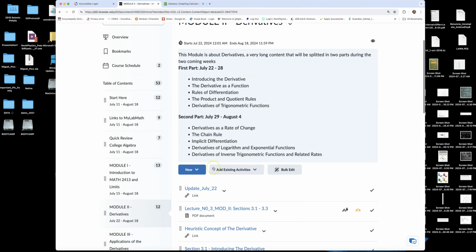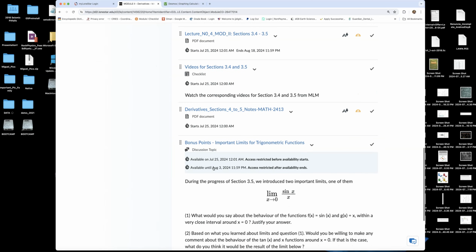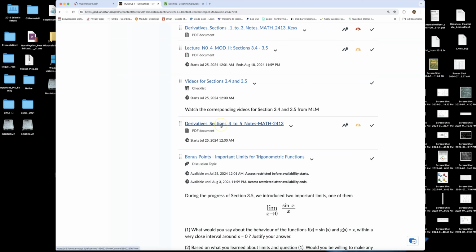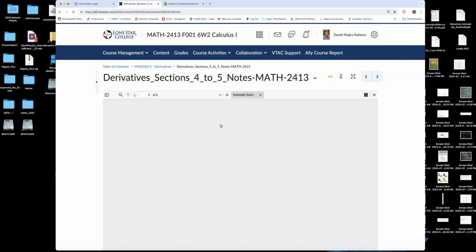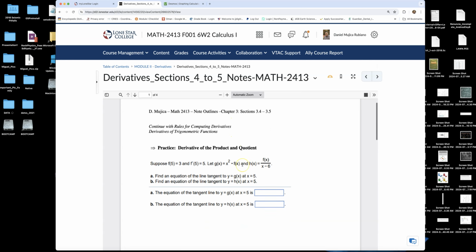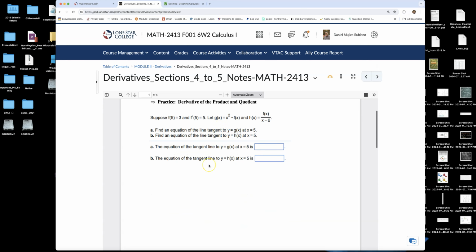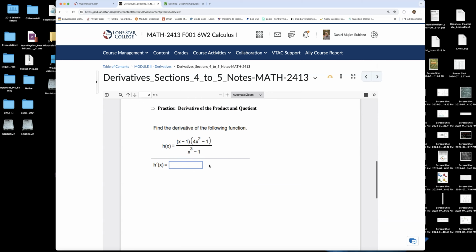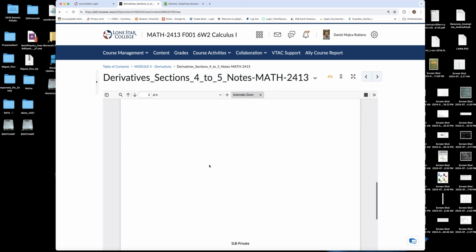Also, you have the notes. For sections 4 and 5 of chapter 3, I include this exercise, so you can practice whatever we discuss now in the lecture. Go through there; that is available today, Thursday, for you to work with.